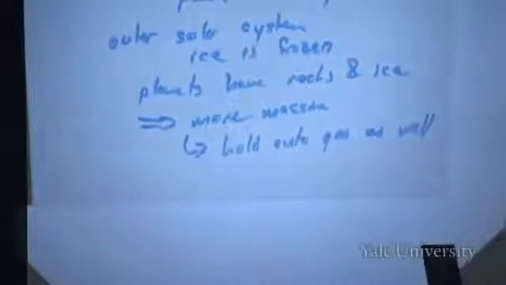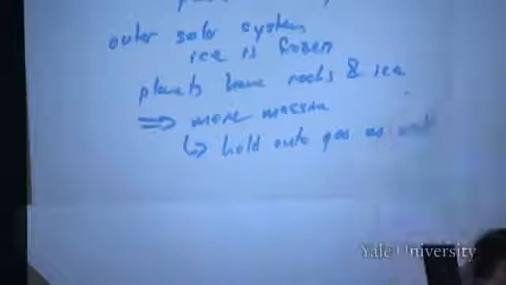And if they're sufficiently massive, then they have enough gravity to hold onto gas as well. It's also true that in the outer solar system, there's more volume, there's more stuff, and so there's more stuff to build the planets out of in the first place. Okay, and so this nicely explains the difference between the inner solar system and the outer solar system.